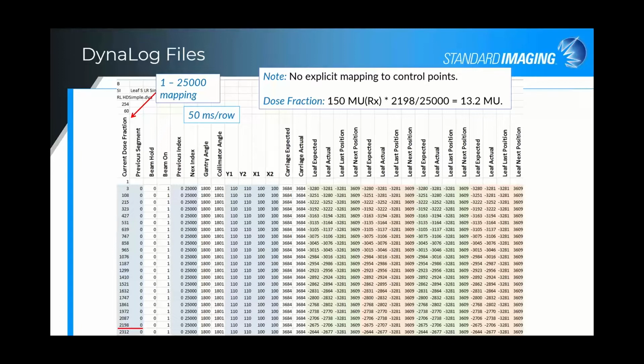For this particular configuration, specifically where the gantry angle is and the leaf positions, we just multiply 150 by the 2198, which is the current dose fraction, divided by the 25,000, and get 13.2 monitor units. So that's the way we map to the plan. And again, the parameters are logged here every 50 milliseconds.